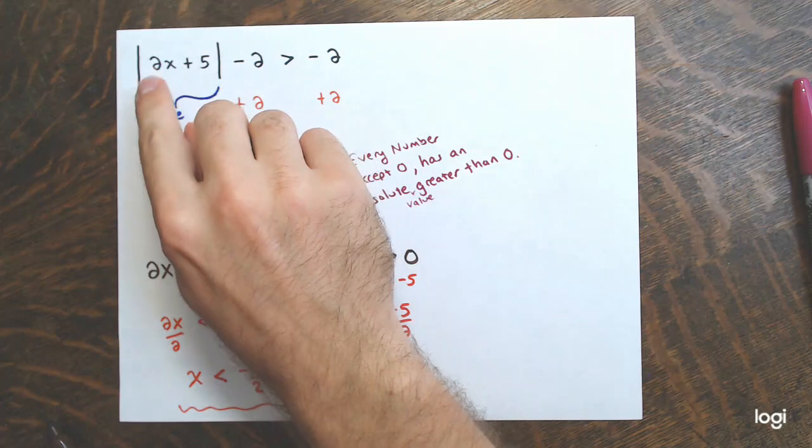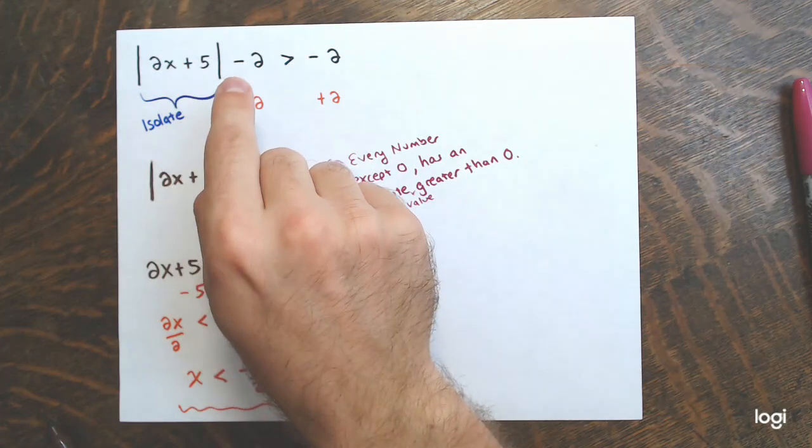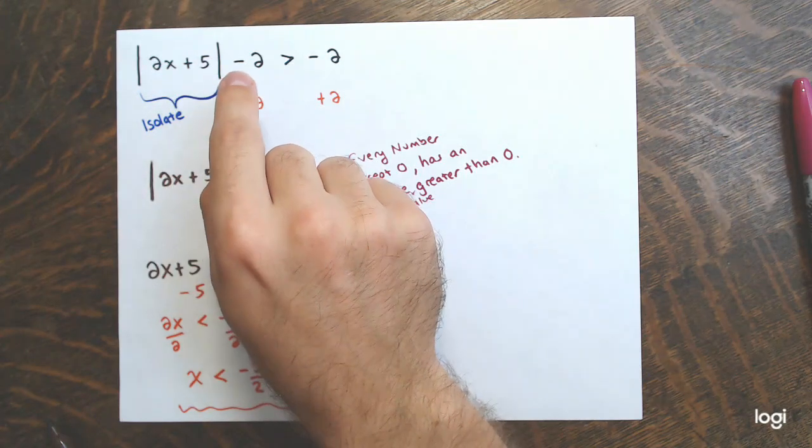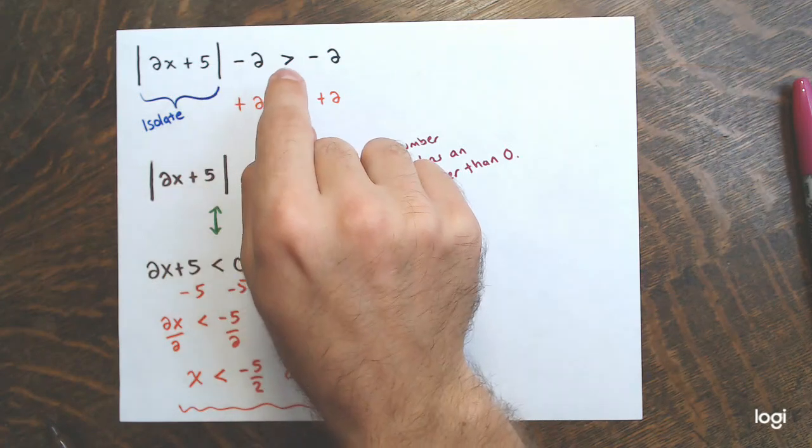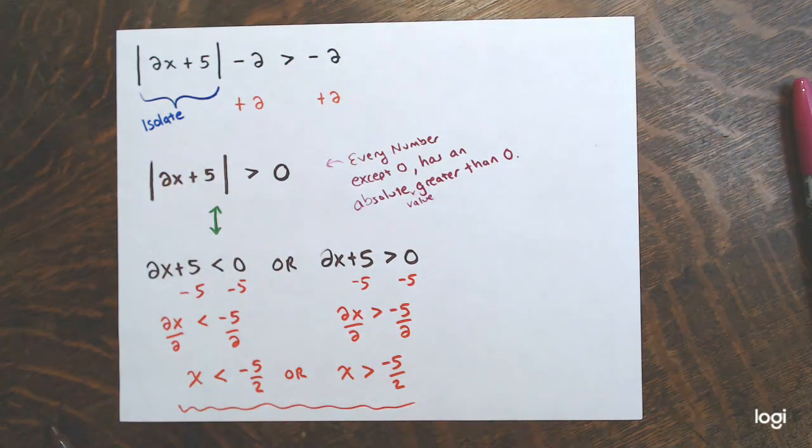The absolute value of negative 1 is positive 1. Then 1 minus 2 is negative 1. Is negative 1 on the left greater than negative 2? Yes, it is. Negative 1 is to the right of negative 2 on the number line, so it's considered greater. So I'm believing this, that the numbers less than negative 5 halves are solutions.